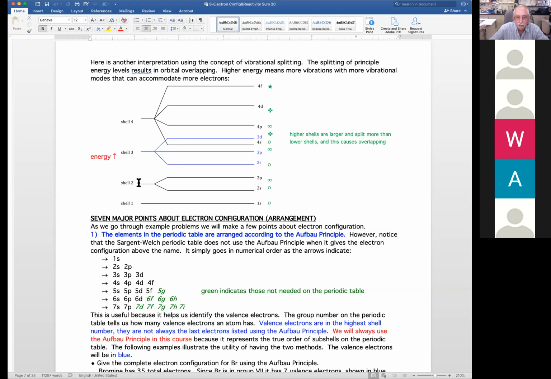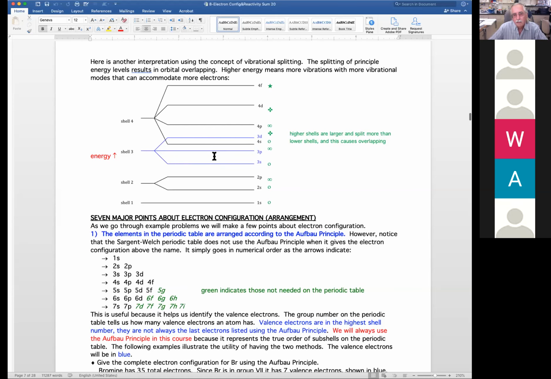Shell number 2 is a higher energy shell, so you go up higher energies, right? You hit that stick, and now that stick is vibrating back and forth like this. So this might be 1 at the bottom, the lower energy, and then this will be vibrating to the higher energy. Looks like a tuning fork, doesn't it?